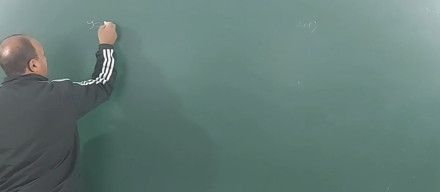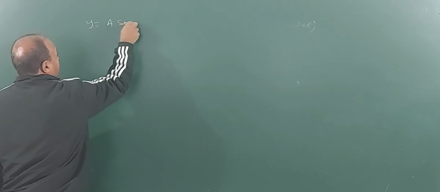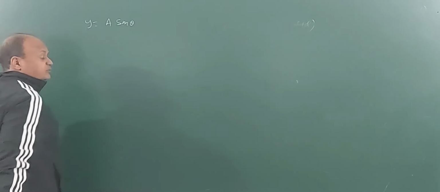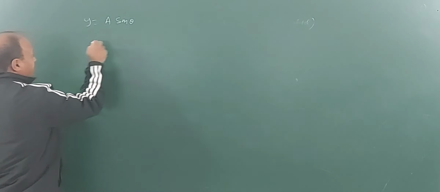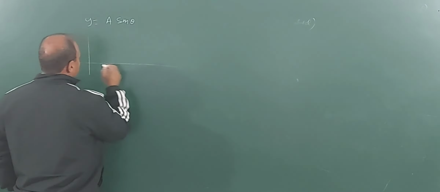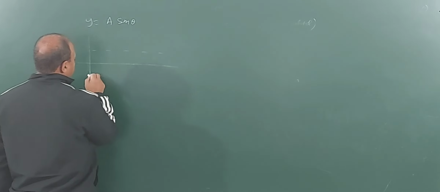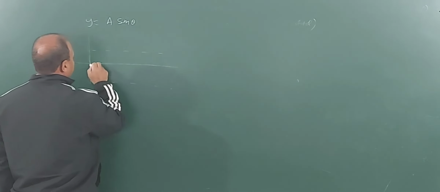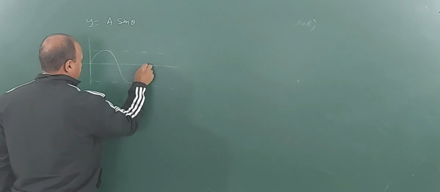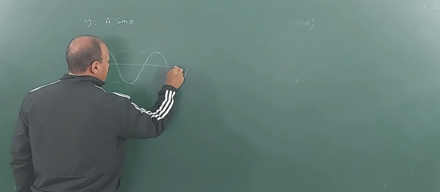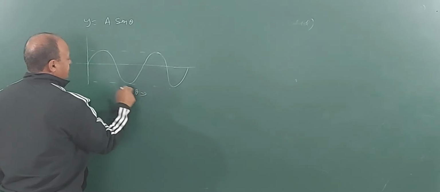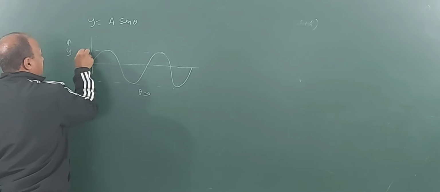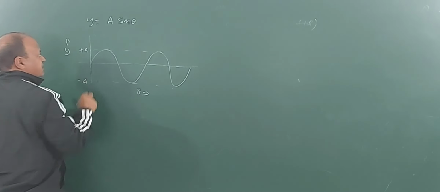If I brief you about this, suppose I want to draw the graph of a sine function y is equal to a sin theta. Then the graph comes something like this. You must have done this in trigonometry. This is the sine curve, this is theta and this is y, this is plus a and this is minus a.